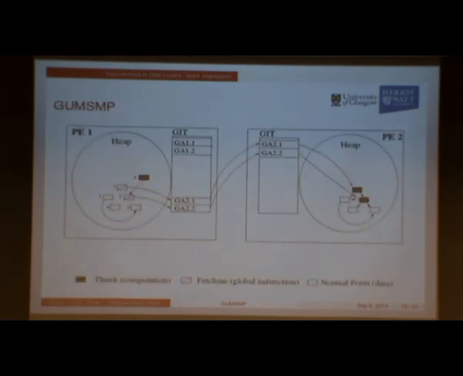This is a snapshot of what's happening when you do communication, so details are not so important, but just notice what we need anyway is a table that connects the globally unique identifier that we have for communicated closures with any local closure.